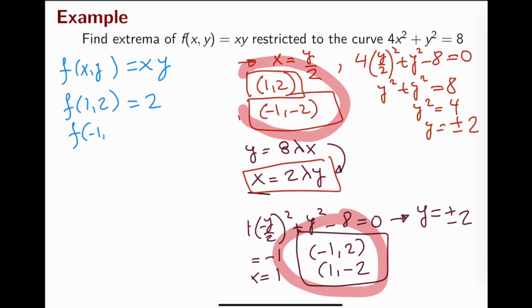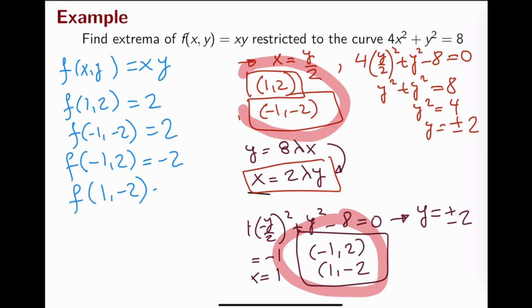So f evaluated at (-1, -2) is going to be also 2. F evaluated at (-1, 2) is -2, and f evaluated at (1, -2) is -2. So we complete the step of evaluating the function at all the points in our list.